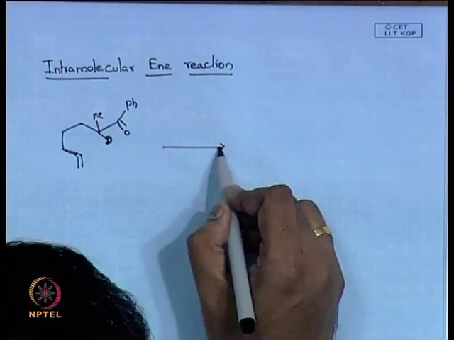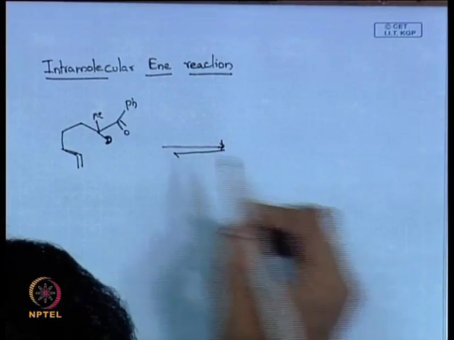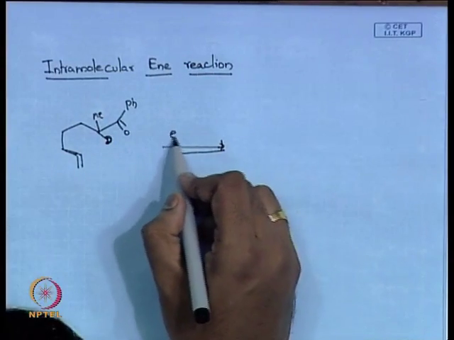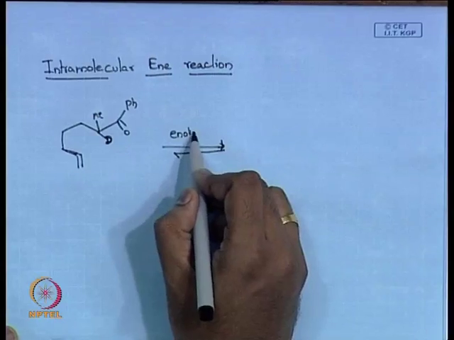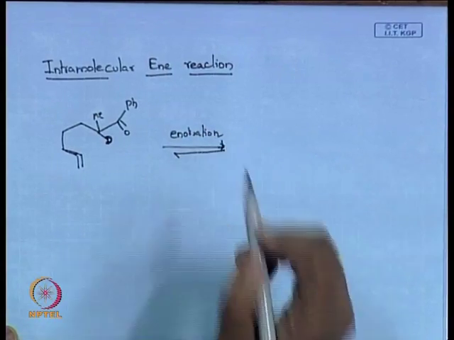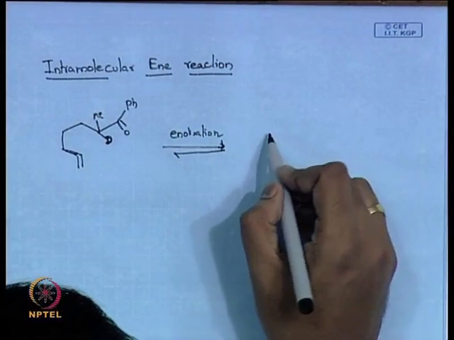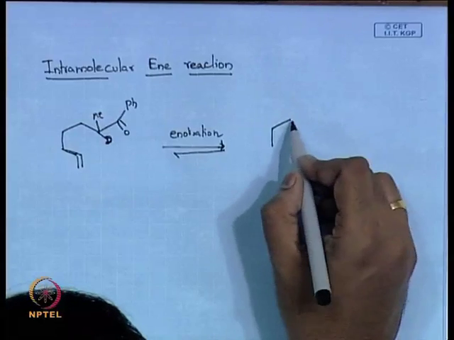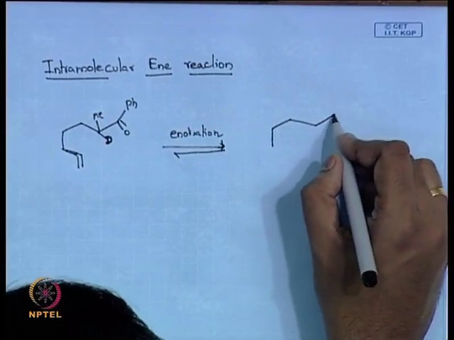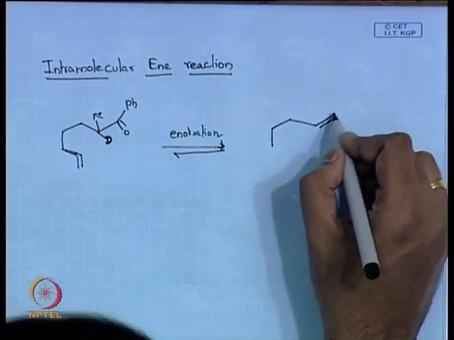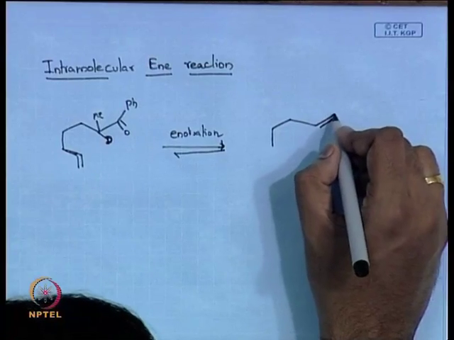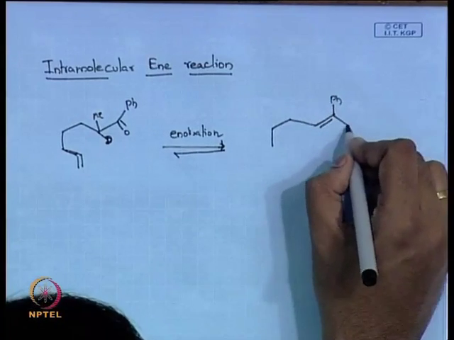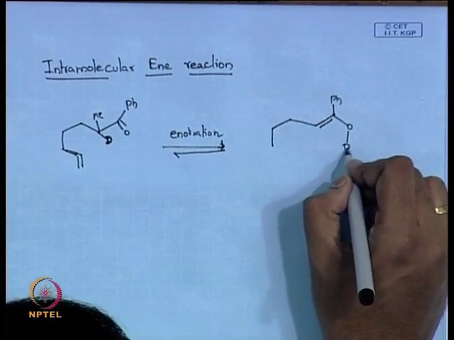First step, what happens in this intramolecular ene reaction, you get a proper enolization, right. So, if you get an enolization, then what will happen? I can have a double bond here, my phenyl, and that is why I deuterated.